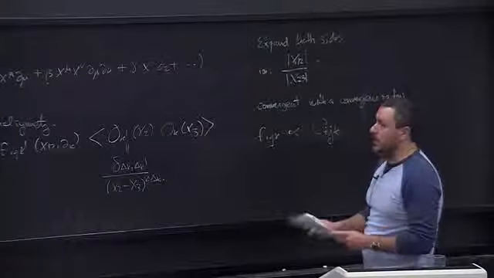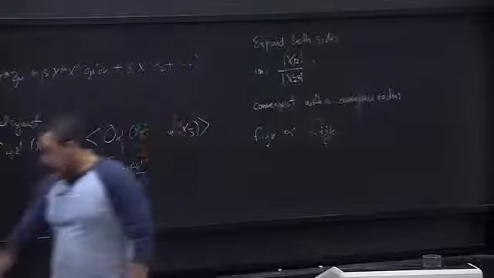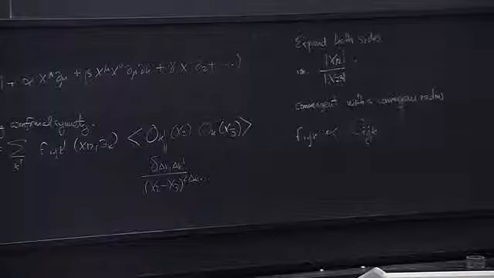Okay, so now what's the strategy? What you can try to do is the following. We're interested in computing a correlation function, in particular the four-point function, but whatever I say will apply to any n-point function.